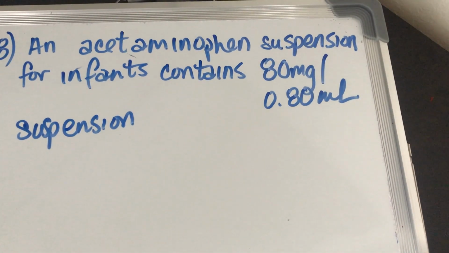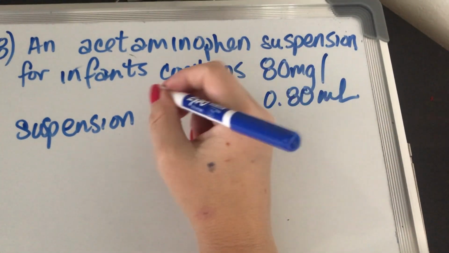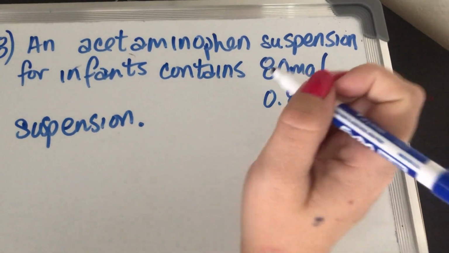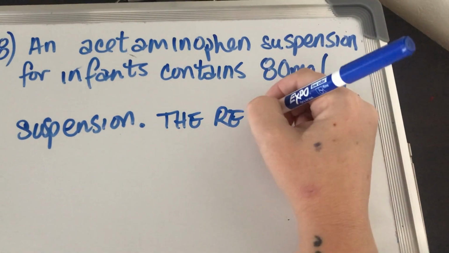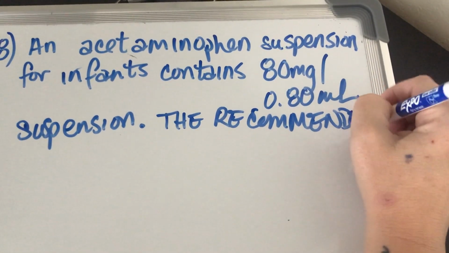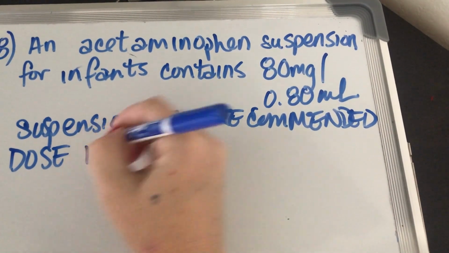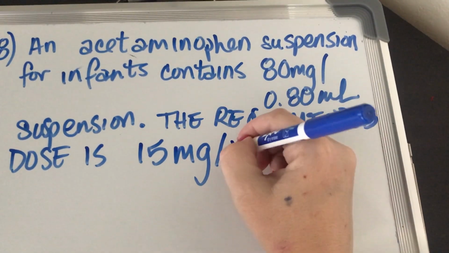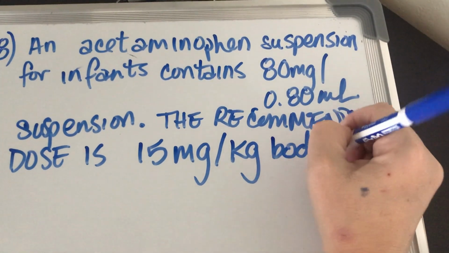So if any of you guys have kids, this is a real conversion that I've actually done for figuring out how much medication I should give to my daughter. So the recommended dose is 15 milligrams per kilogram of body weight.